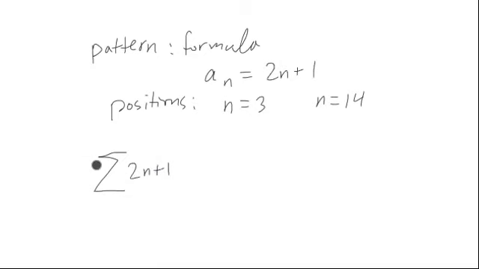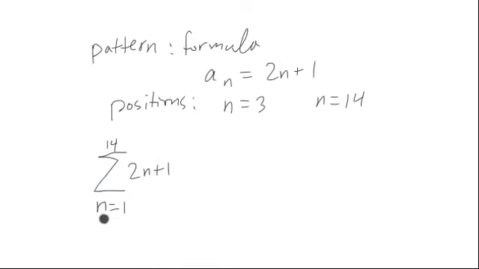Now suppose that we want to go from position 3 to 14. We notate it this way. Our beginning position we write below the symbol, sigma. So we write n equals 1, and this just emphasizes that we're using the variable n for our sequence. And then we just write a 14 up here. We don't write n equals 14 up here, we just write 14.